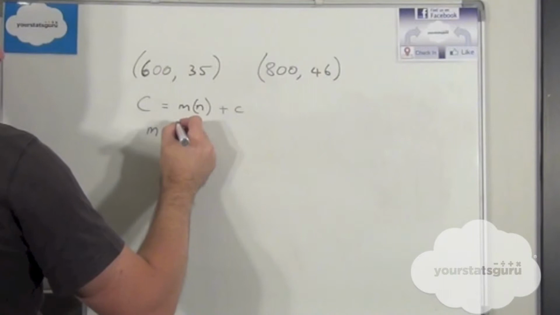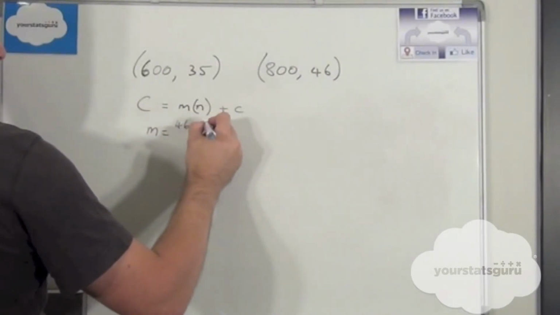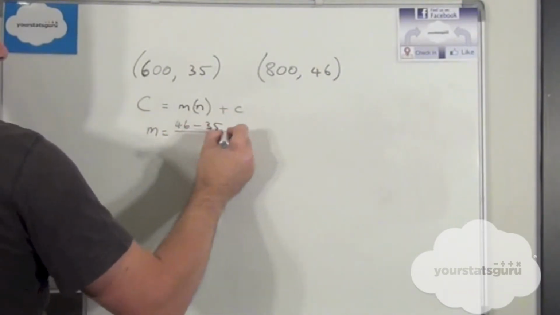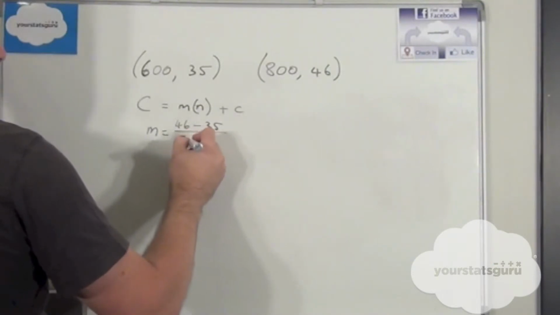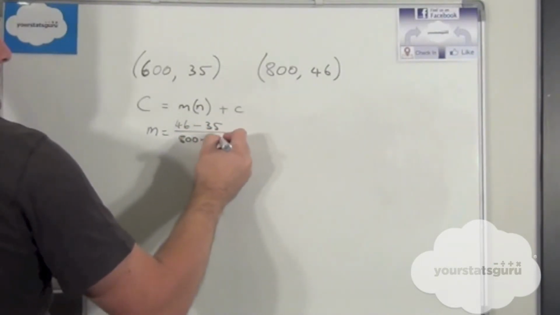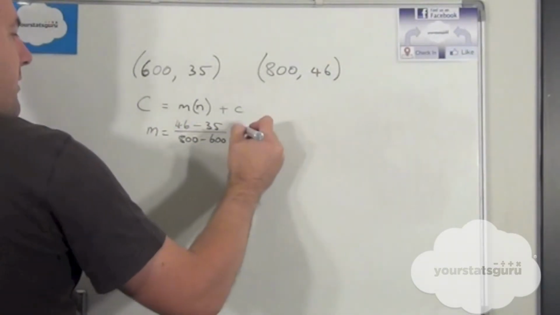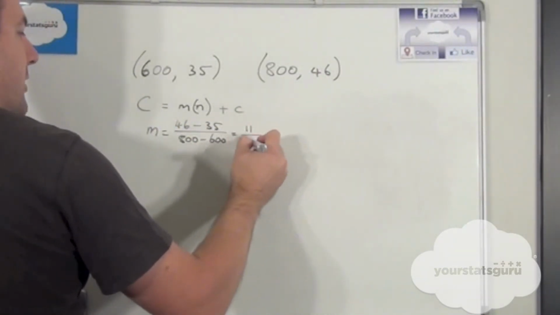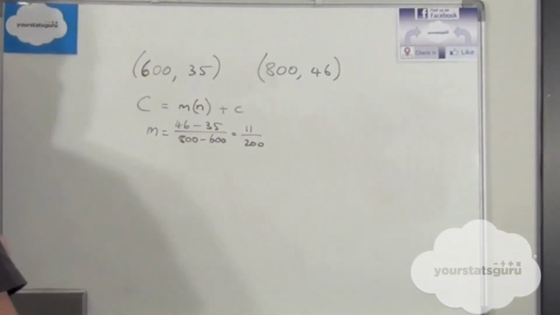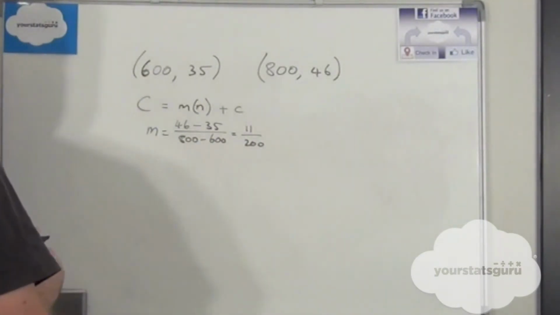So y2 is 46, y1 is 35, over x2 800 minus x1 of 600 gives me 46 minus 35 is 11 over 200. So 11 over 200 is my slope.